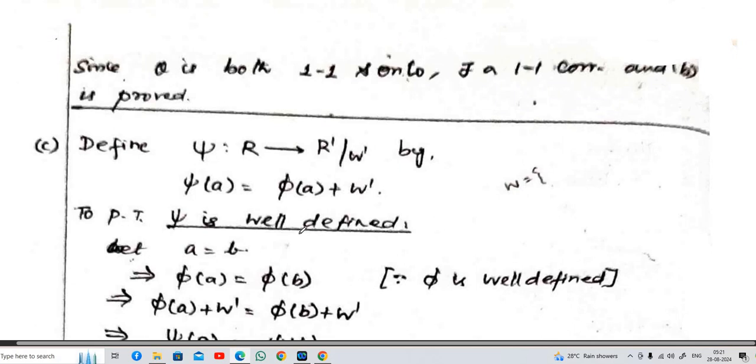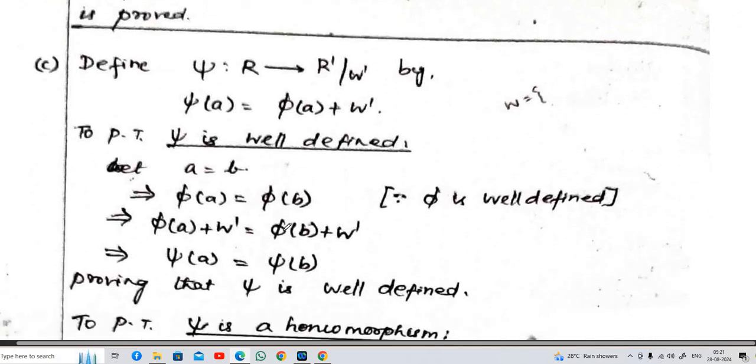Now for the second isomorphism theorem on rings, we define a mapping, say psi from R to R prime mod W prime in this way. Psi of A equals phi of A plus W prime. So this rule being defined by us, we have to show that it's well defined, and that comes in this way because phi is well defined.